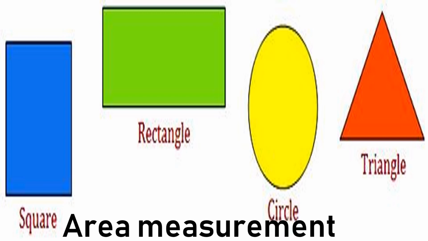Children, so what is meant by area? Area is a region within a closed boundary of two-dimensional space. These are all closed boundaries, children: square, rectangle, circle, and triangle. The region inside this closed boundary is called area.